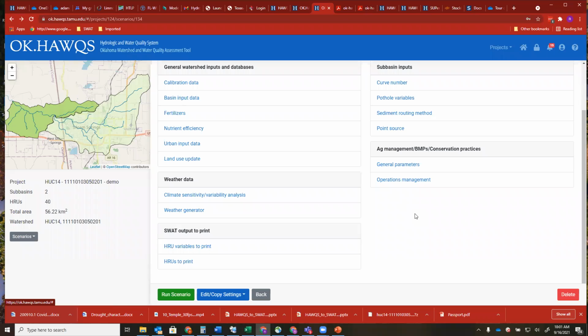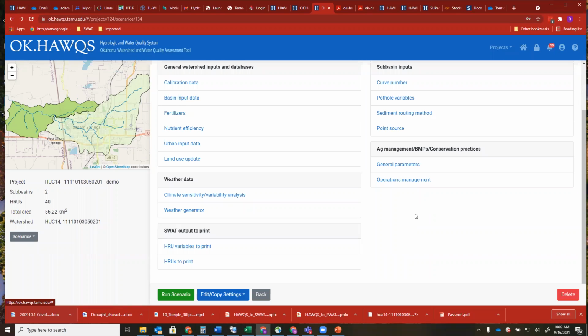So you cannot change the pre-configured subbasin, either HUC12 or HUC14. But later I'm going to talk about how you can download the data, including the GIS layer, and using the GIS layers, you can generate your own watershed if you want, using ArcSWAT or QSWAT, and do any analysis you want to do.